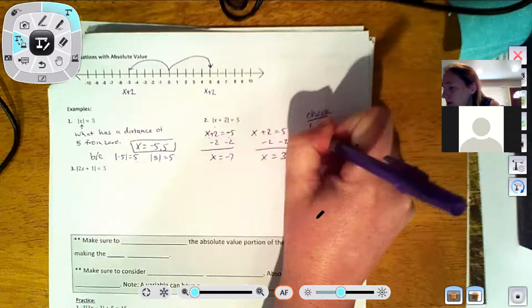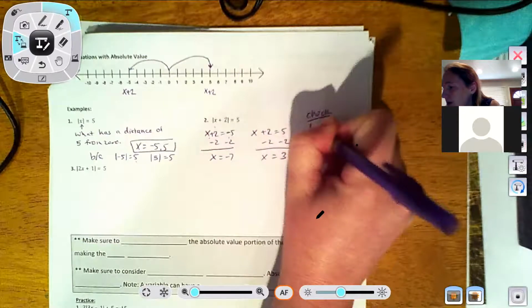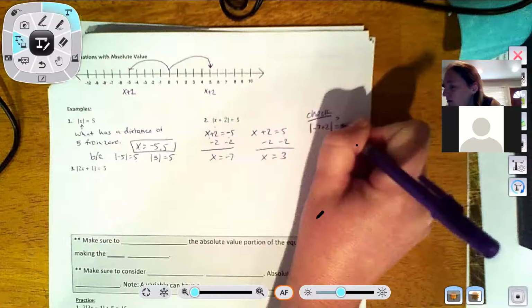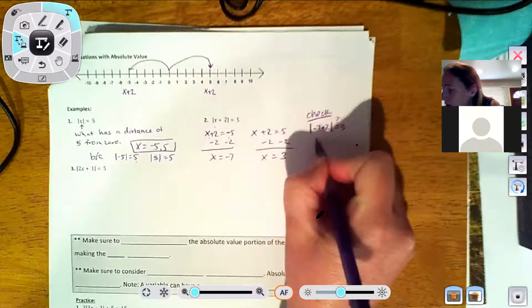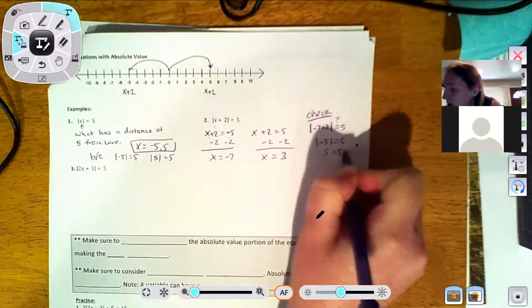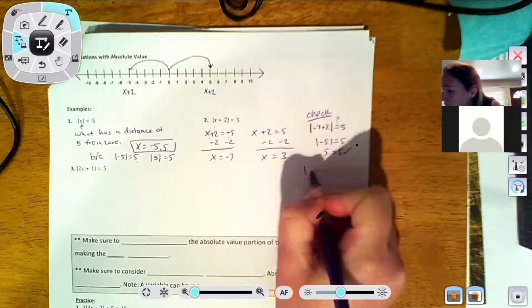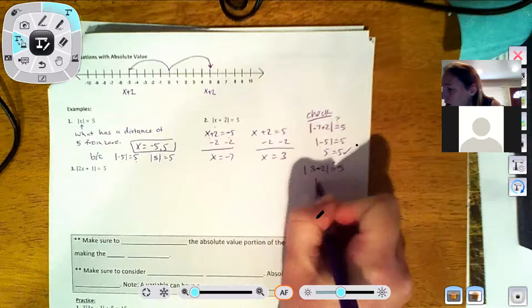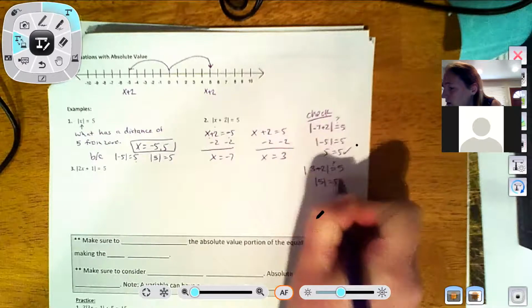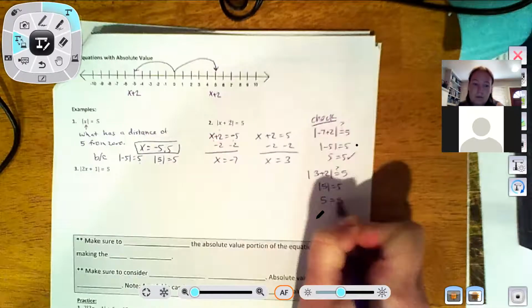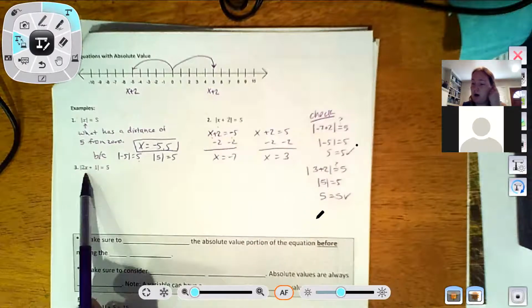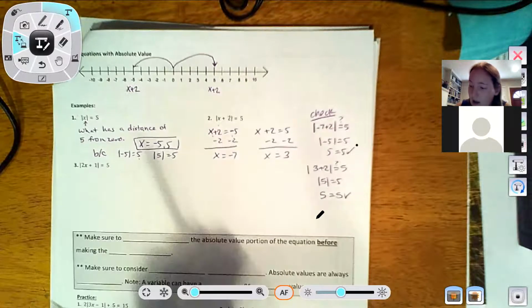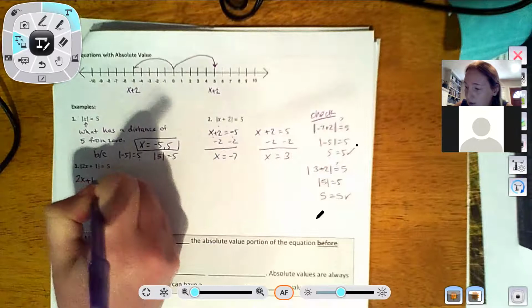Absolute value, in this case -7 plus 2, does it equal 5? And yes, and then checking for 3 as our x value. So both those work.